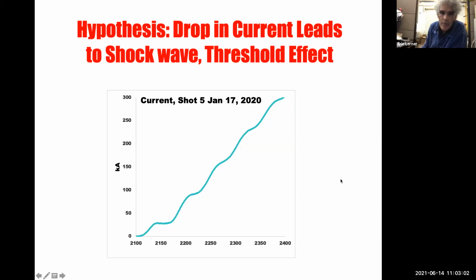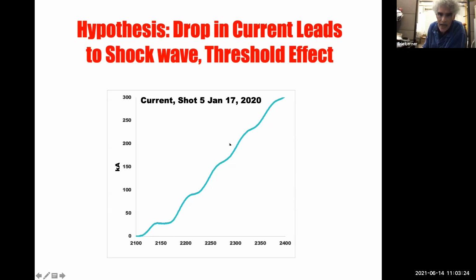All right, so we go back to the oscillations. My hypothesis was that the drop in current that occurs during the oscillation leads to the shock wave, or basically the fact that the current stops rising and then rises again is what leads to the shock wave.